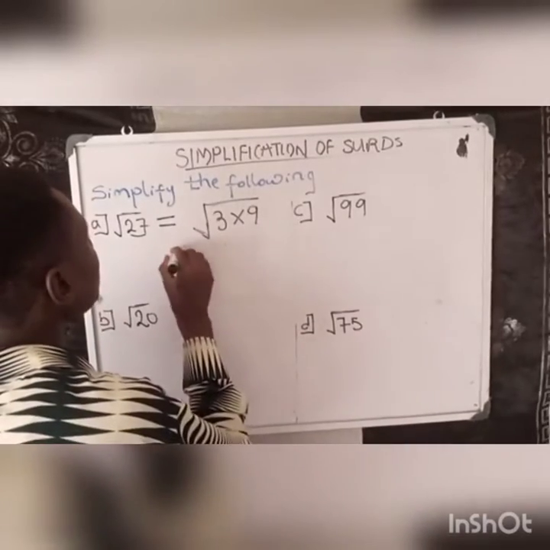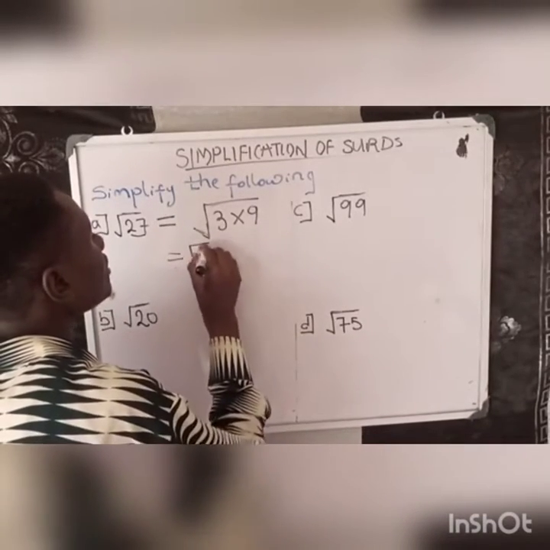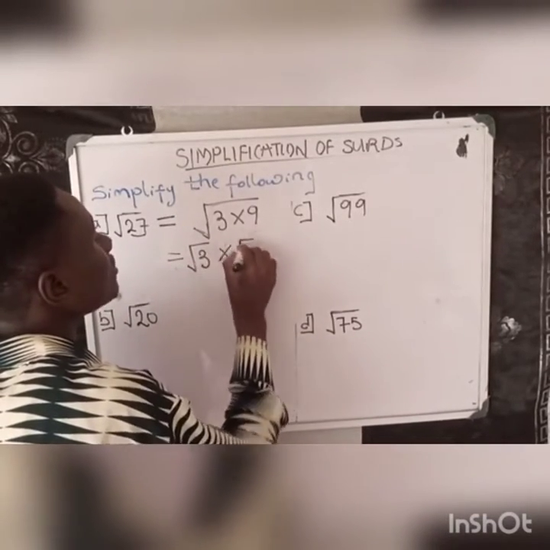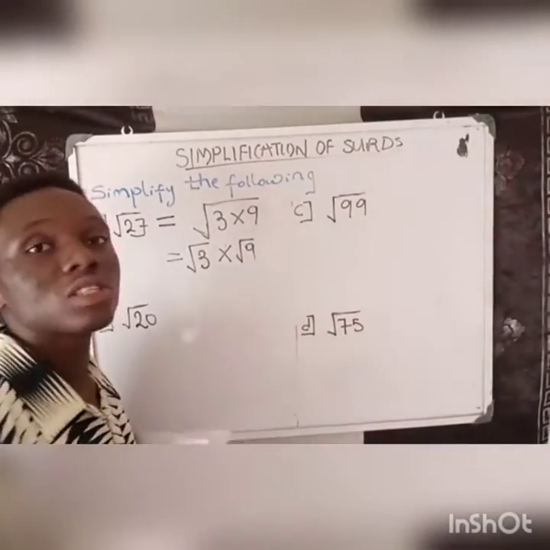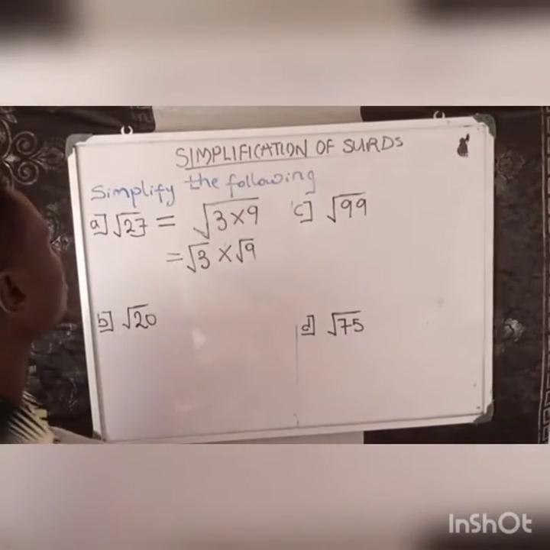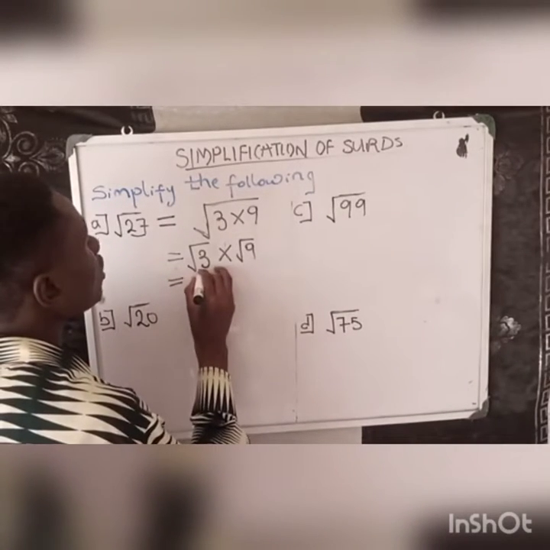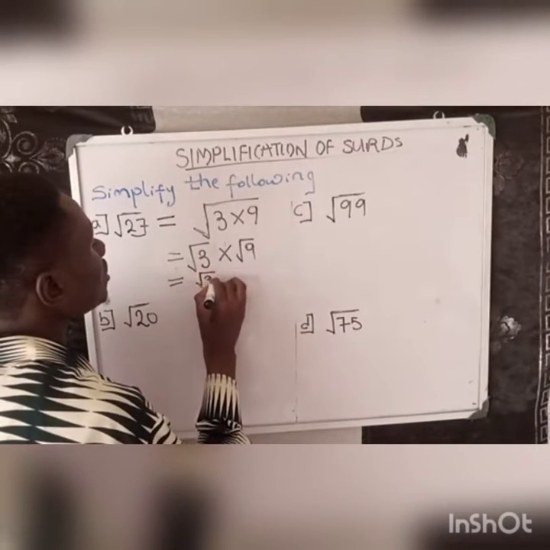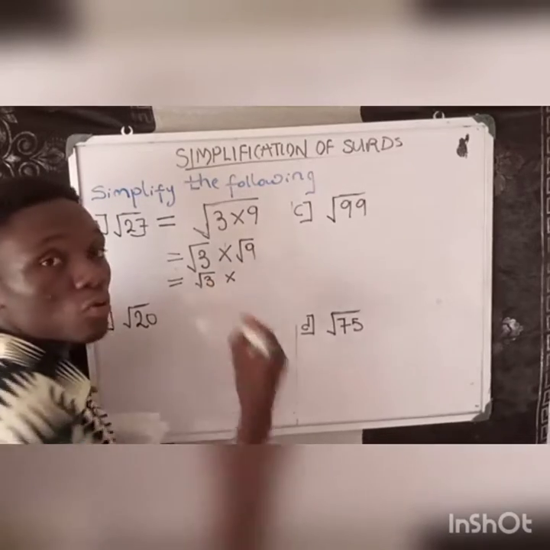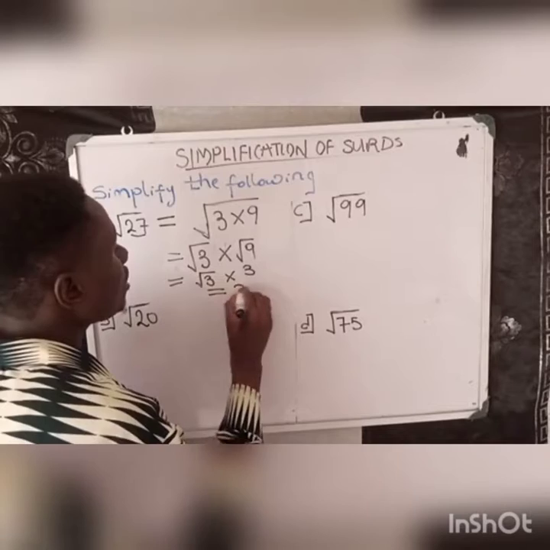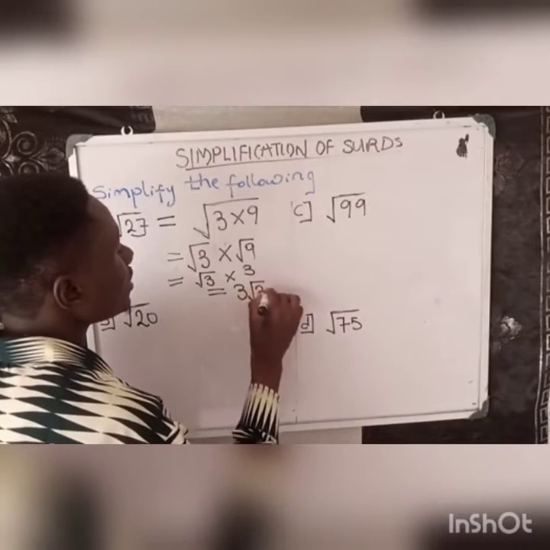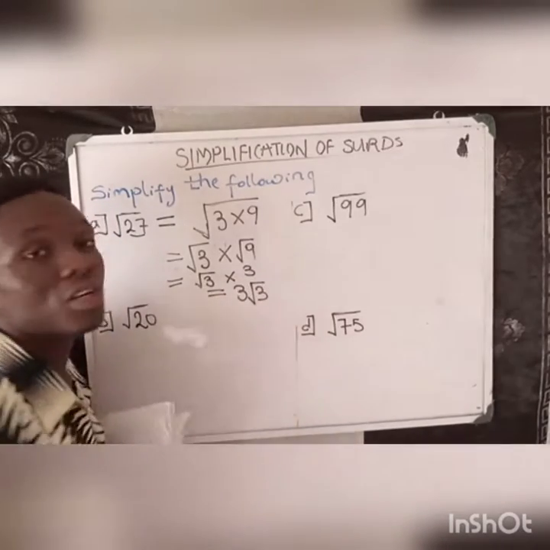Now this is also the same thing as square root of 3 times square root of 9. Whenever you have a surd form like this and you have multiplication inside, you can always do this. So this is equal to square root of 3, which will not change, times square root of 9, which we all know is 3. So our final answer becomes 3 root 3. This 3 first, then you write this root 3.